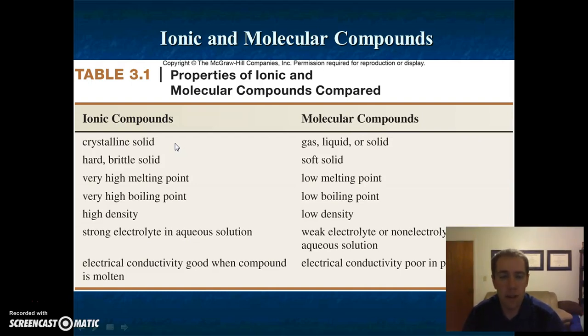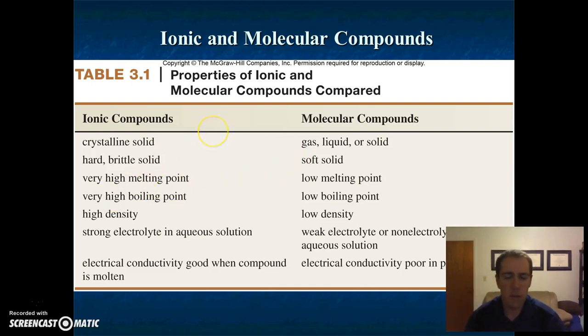Pretty much all ionic compounds are going to be solid at room temperature. Molecular compounds can be gas, liquid, or solid. So CO2 at room temperature is a gas. Water is a molecular compound. It's a liquid at room temperature. Sugar is a molecular compound. It's a solid at room temperature.